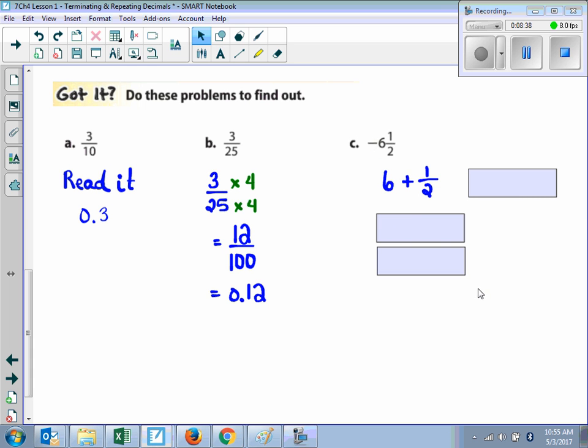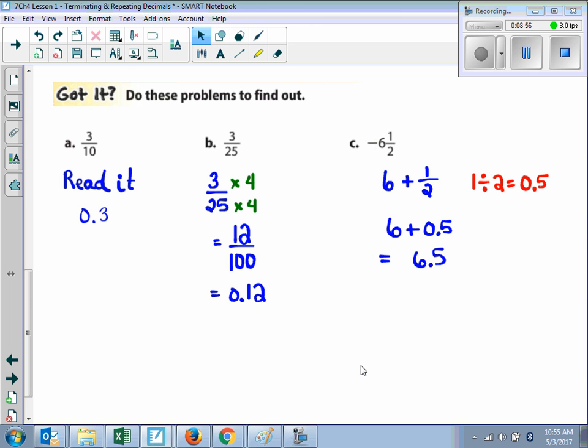And of course, the 1/2, if we do that division, 1 divided by 2, is going to give us 0.5. So when we add them together, we add 6 plus the 0.5, which gives us 6.5. And then, at the end, you're just going to put that negative back on.